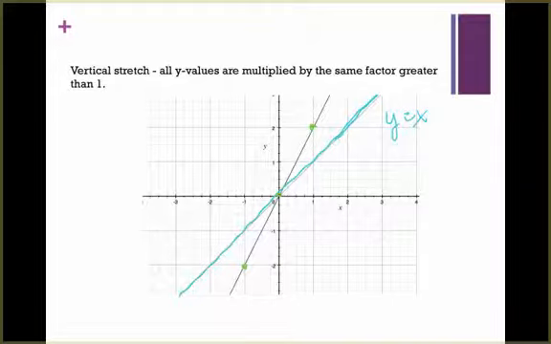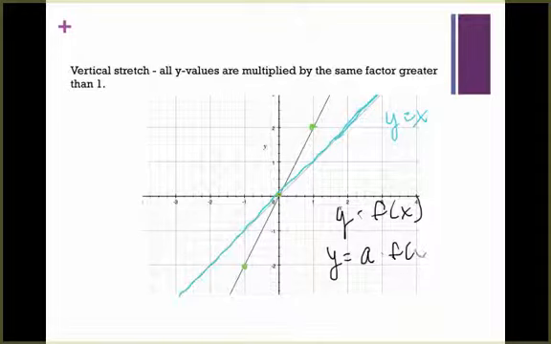So what's happening is we are multiplying the y values by some value greater than 1, which is making our graph stretch. So if our original function was y equals f of x, then if you wanted to stretch that vertically, you would multiply it by, let's say, some a, where a is greater than 1. And we'll actually put the absolute value of a is greater than 1.